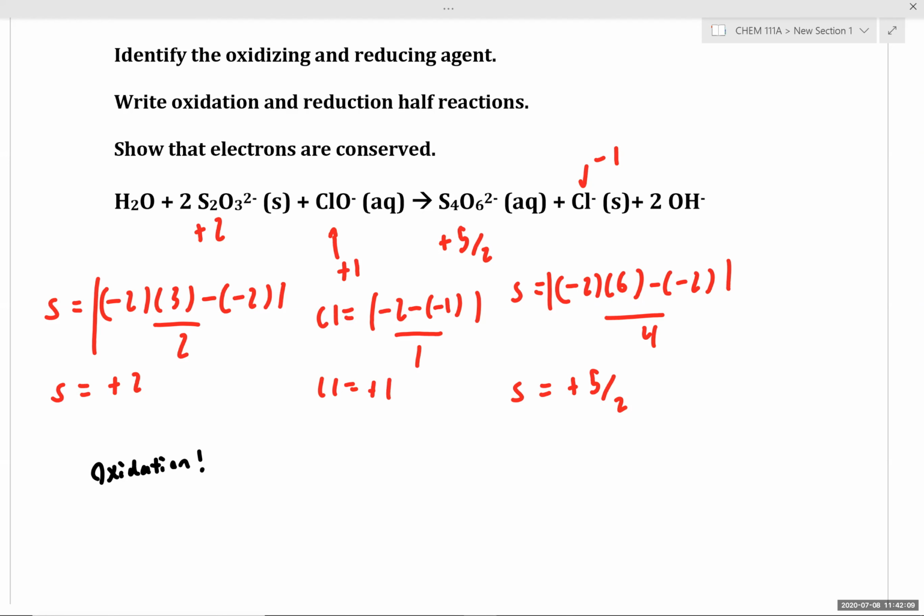What atom is being oxidized? What atom is losing electrons, going up in oxidation number? Sulfur or chlorine? Which one's being oxidized?